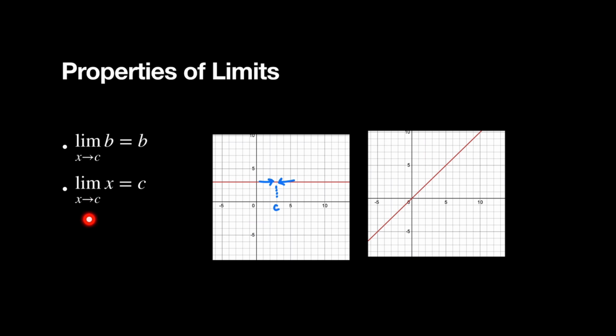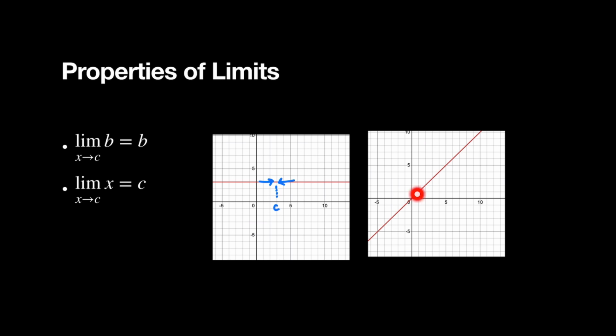My second property says the limit as x goes to c of x equals c. And I have graphed to the right the line y equals x. On the line y equals x, the x and y values are always the same.